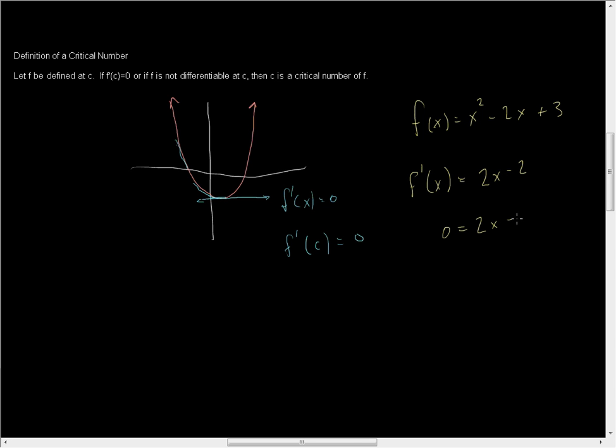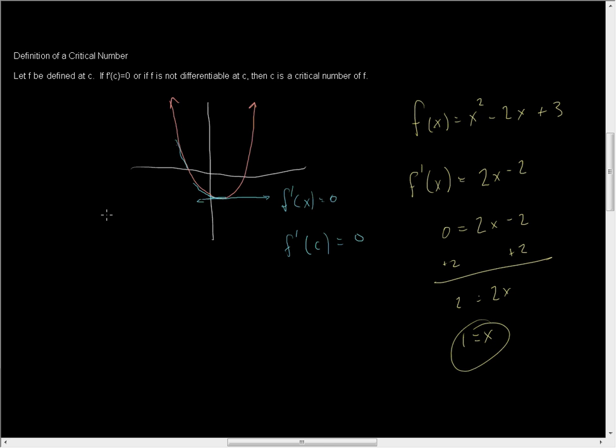So we add 2 to both sides: 2 is equal to 2x, or 1 is equal to x. Now we have our c value. I know it says x, but it's still c. It's a single number. That is the value at which the derivative is 0, and therefore 1 is a critical number of our function.